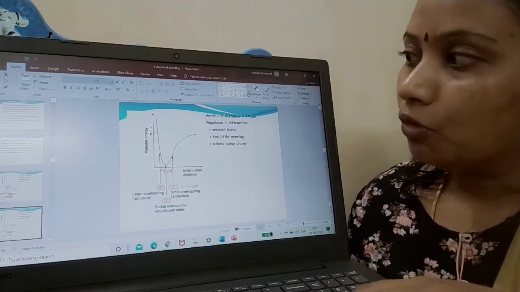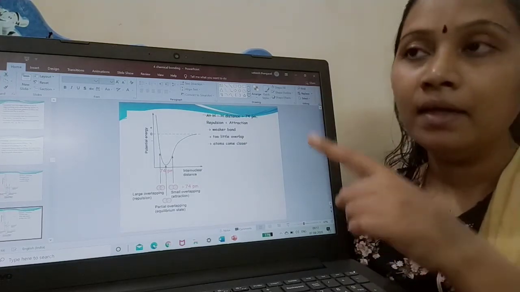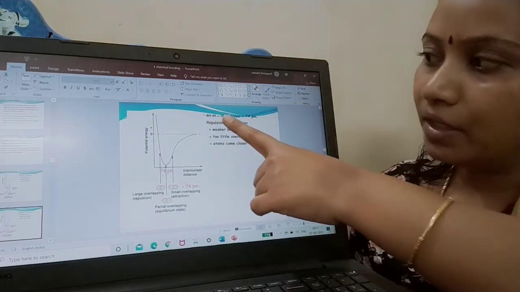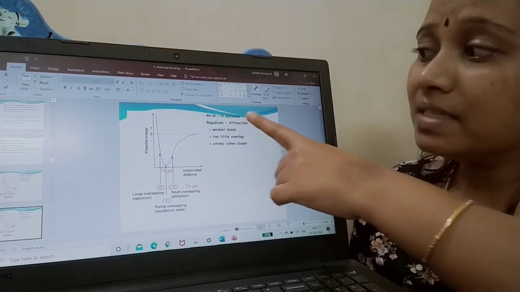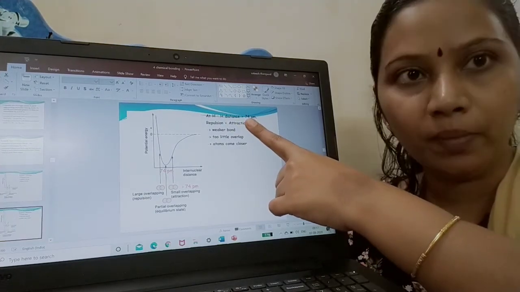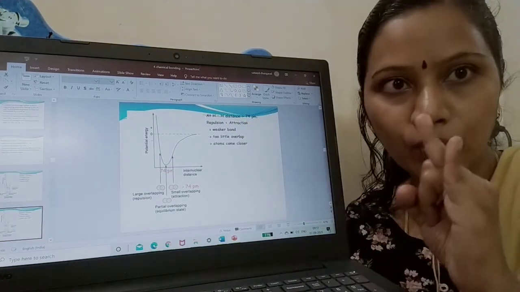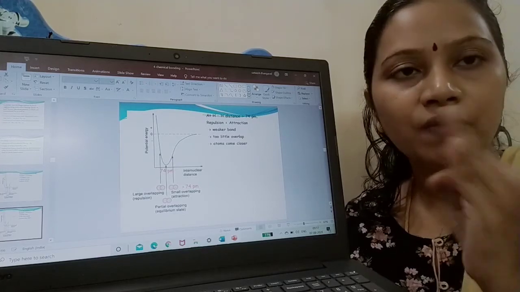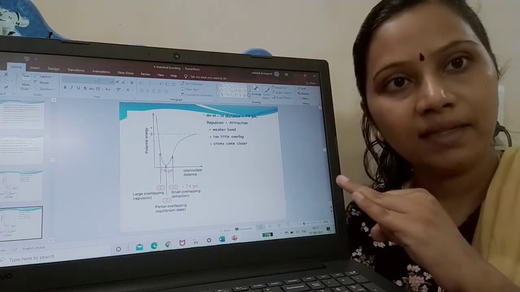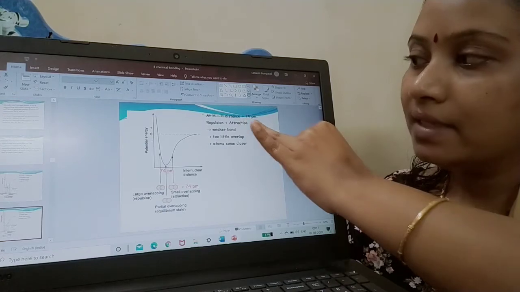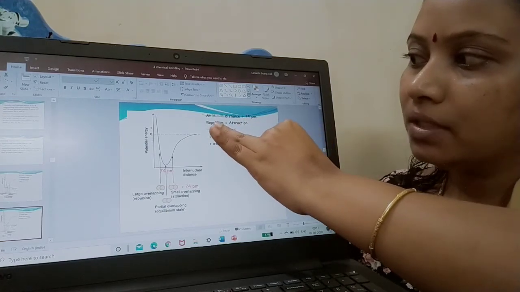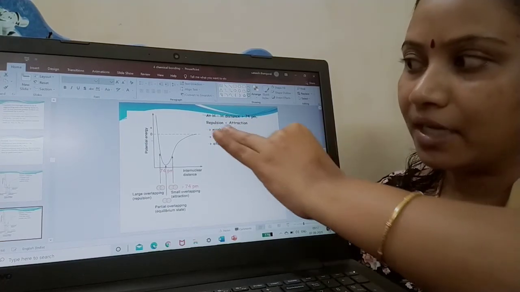Now moving to case 2, where the distance between two hydrogen atoms is greater than 74 picometer. In this case attraction is more.